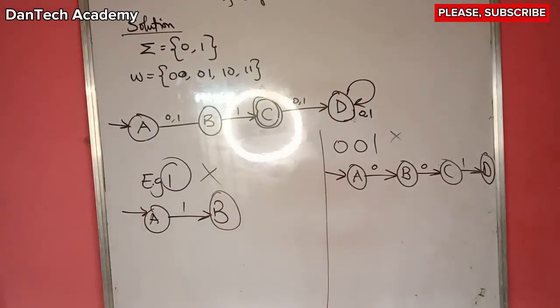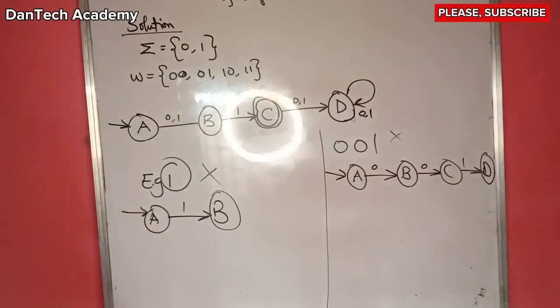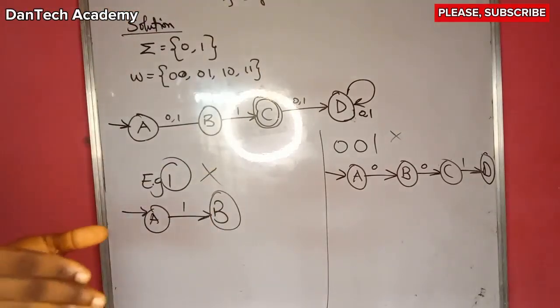And we are already making use of transition here because we are moving from one state to another. You get it now? The aspect of transition here is each question given to you, the instructions. That's what will determine how your transition will go.